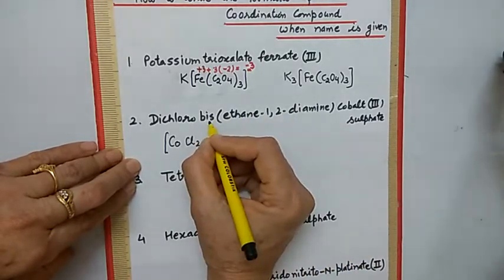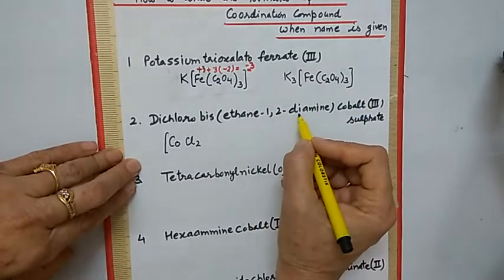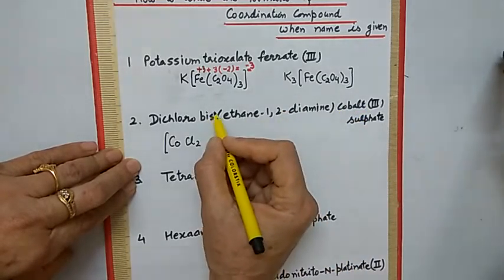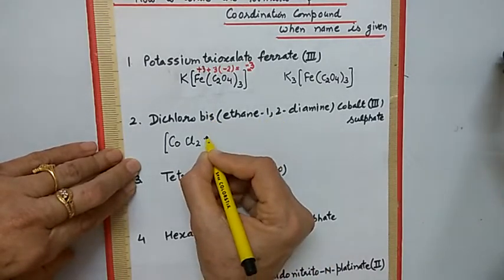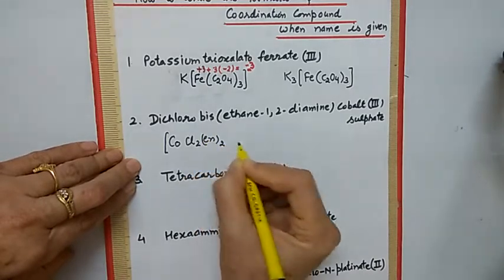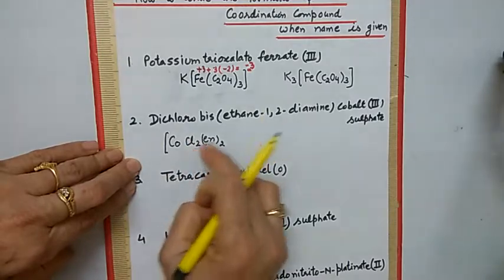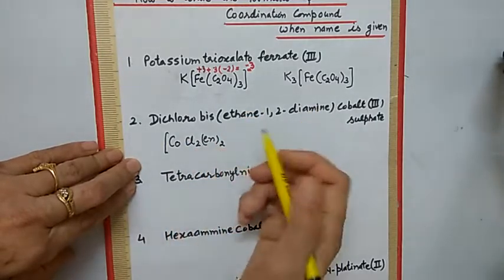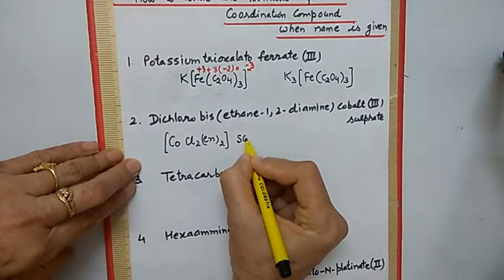Bis is used for 2. When the ligand name already contains di, for 2 outside we don't use di, we use bis. The symbol for ethane-1,2-diamine is en. How many? They are 2. Clear? Cobalt dichloro bis-ethane-1,2-diamine, bracket closed, then sulfate.